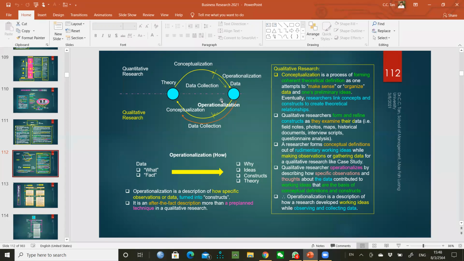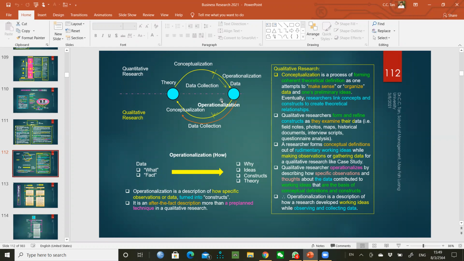And because of the relationship between theory and data, it is really your choice, right? Researcher's choice about, do you want to start with theory, or do you want to start with data? Theory comes from knowledge, literature reviews, okay?